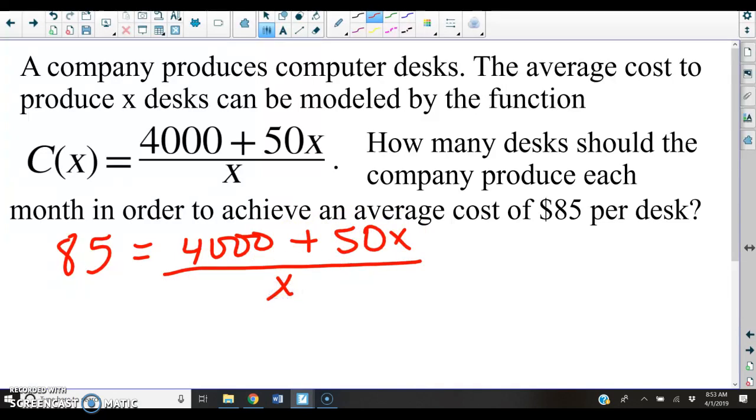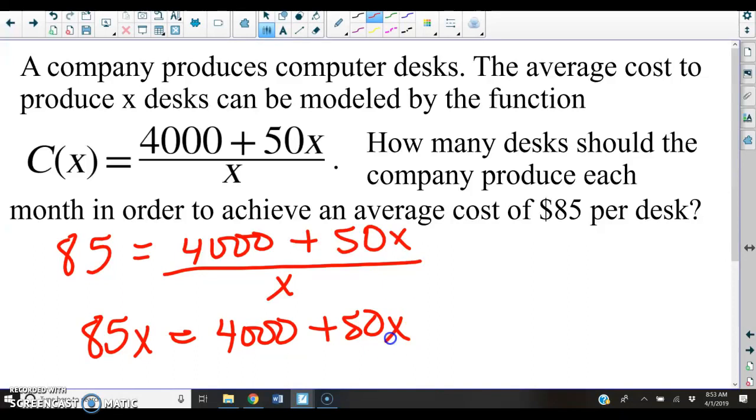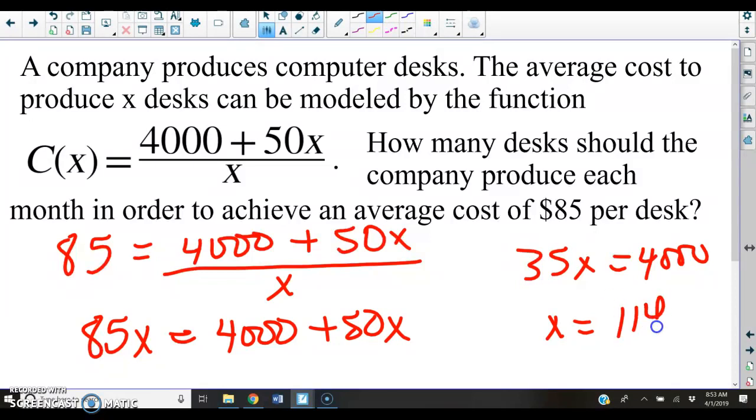Okay. So again, to eliminate the fractions, I've multiplied both sides by X. So I'm going to get 35X equals 4,000. And I got 114 point something. 114.29, and it kept going.